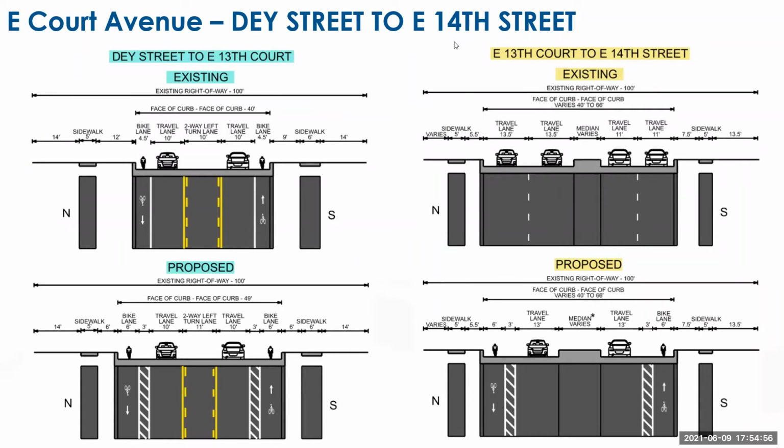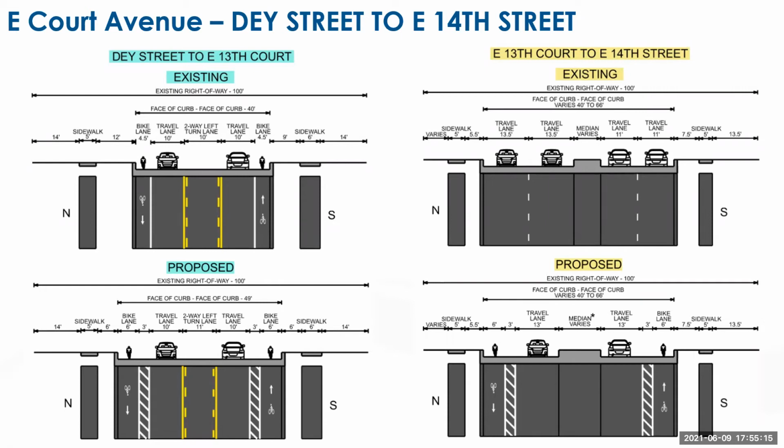And so this stretch from Day Street to East 14th Court is kind of the area around a lot of the parking lots at the Capitol complex. And so there's quite a bit of turning traffic there.